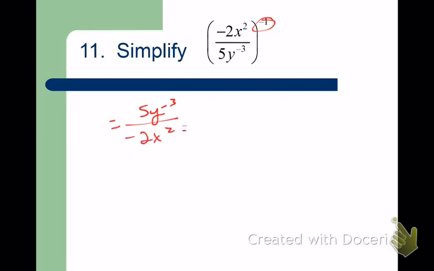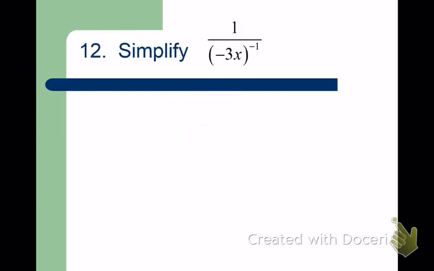Now, the only thing that has a negative exponent on it is the y, and so the y is going to have to move into the bottom, to the denominator of the fraction, and change the exponent to positive. That's it. Don't move the 2. The 2 is perfectly fine where it is. It has a negative base, but the exponent's not negative. That's all we're really concerned about.